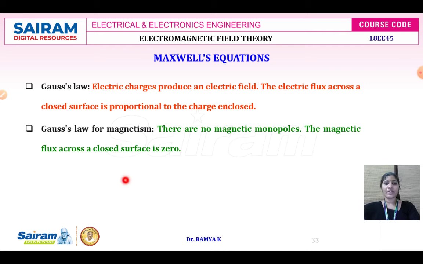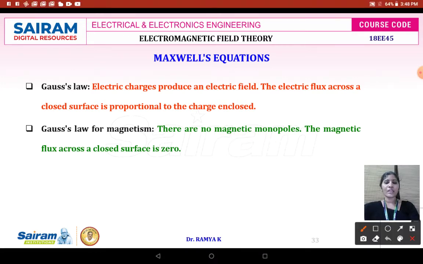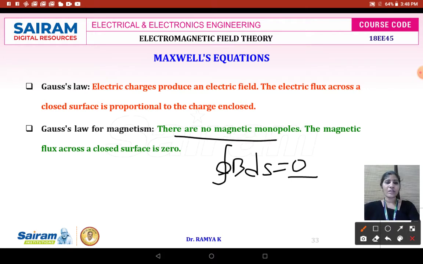Gauss's law for magnetostatics states that there are no magnetic monopoles and therefore the magnetic flux density in a closed surface will be equal to 0. Why is it equal to 0? In a closed path there are no magnetic poles. Whereas in Gauss's law for electrostatics, the electric flux density coming out from any closed surface is equal to the charge enclosed.